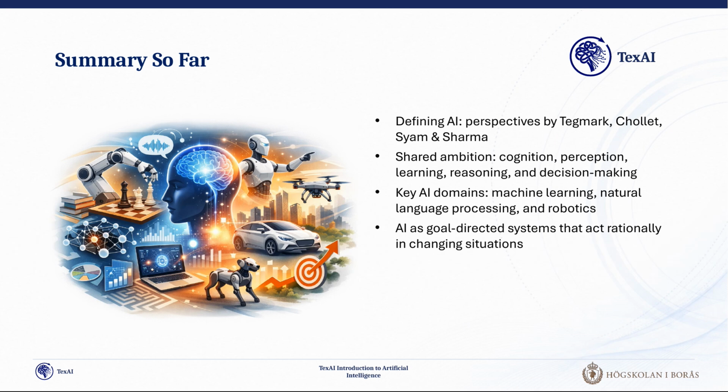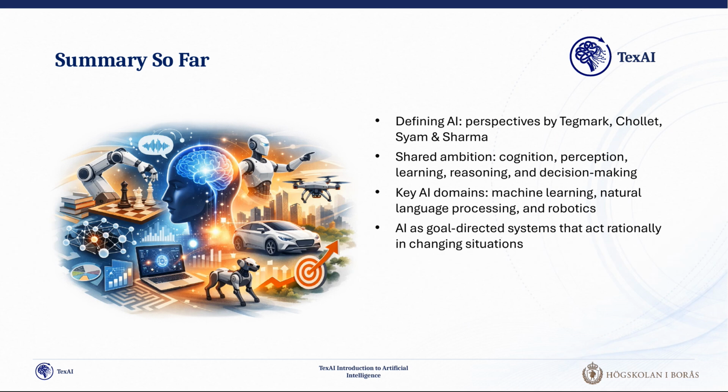Yet despite this definitional diversity, these perspectives point toward a common ambition, enabling machines to perform tasks involving cognition, perception, learning, reasoning, and decision-making. We also noted that AI includes familiar domains such as machine learning, natural language processing, and robotics, each of which represents a different way of building systems that support intelligent behavior.